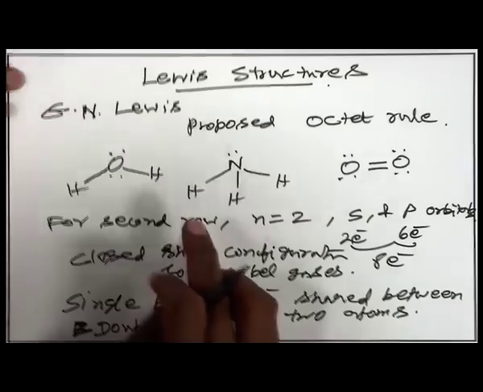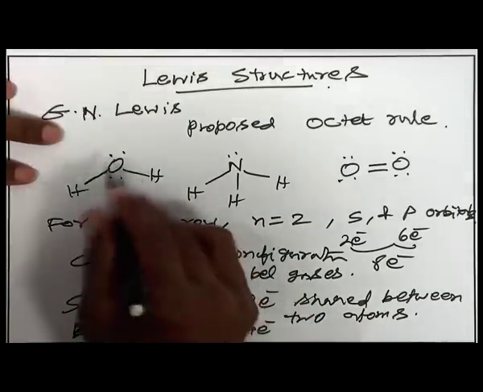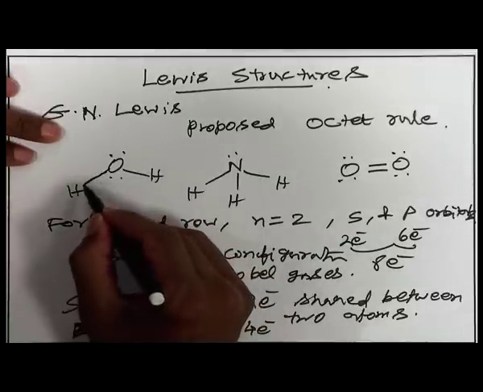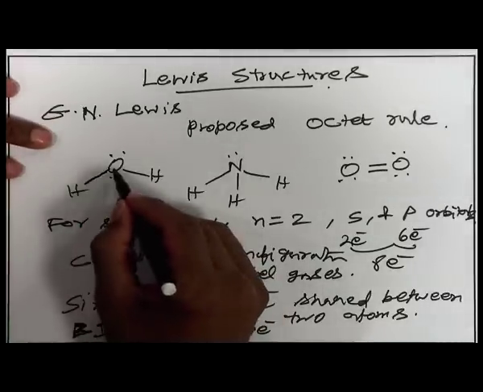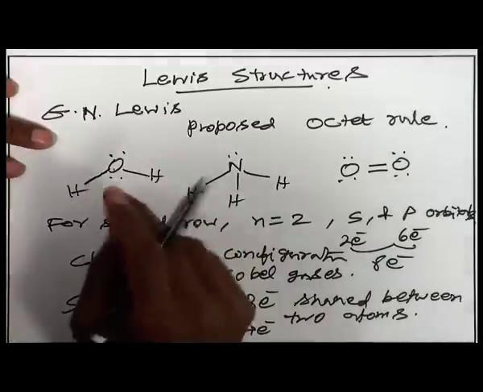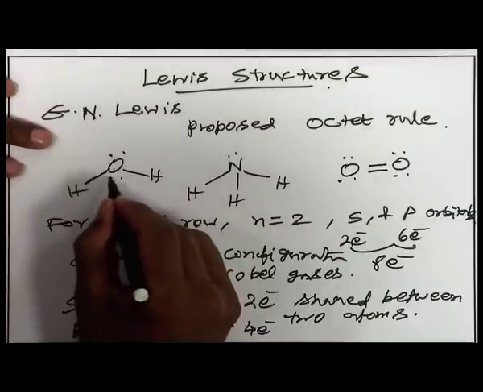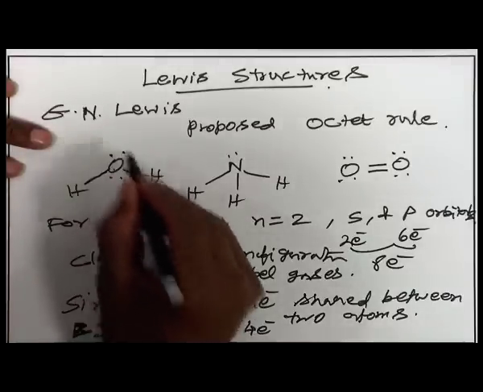So, when he looked at the number of electrons around each atom, he found that it is 8. There is a single bond between the oxygen atom and a hydrogen atom, so that means 2 electrons. In addition, there are two lone pairs.